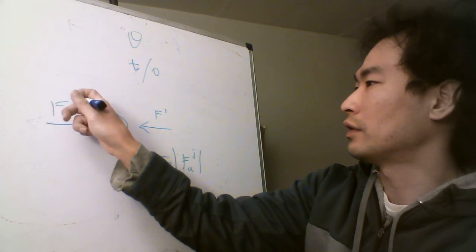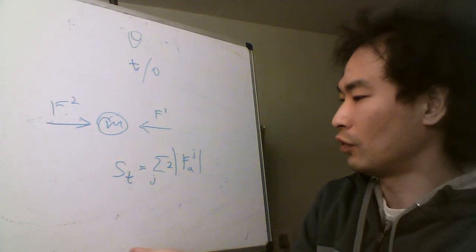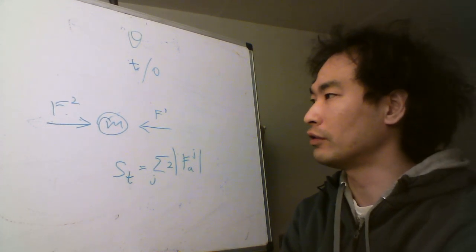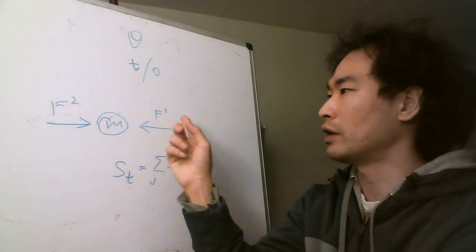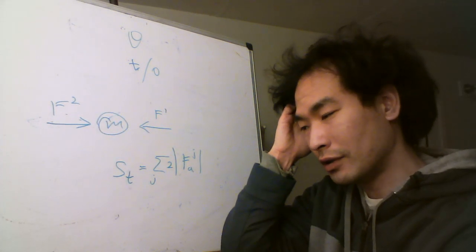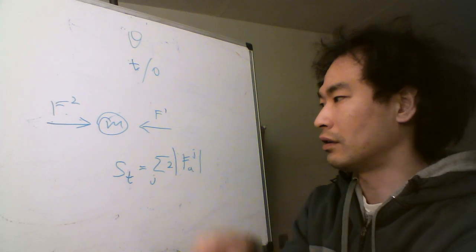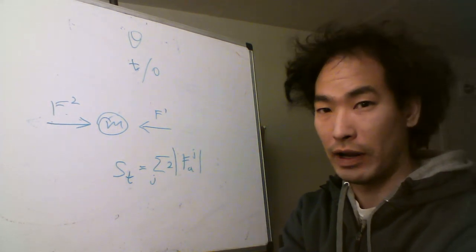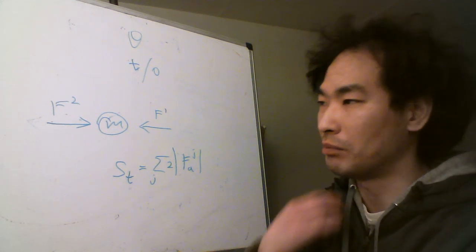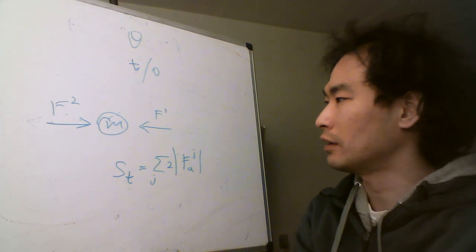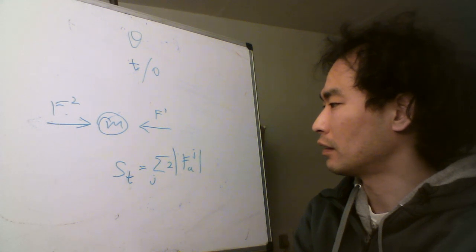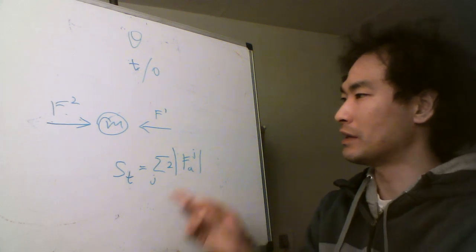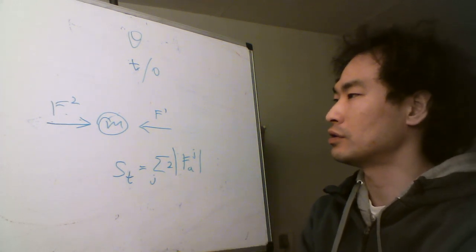That's F2. No problem. Why? Because cosine theta is of 180 degrees between F1 and F2. We put the absolute value of that, so it will be not -1 but +1. So in this one-dimensional space, this one works.